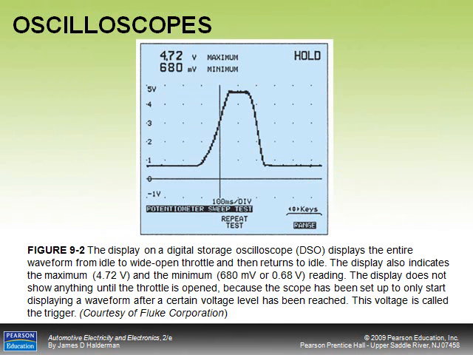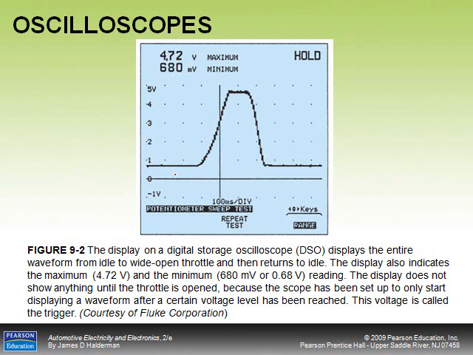A digital scope is going to look a little different. It displays from the time you open the throttle to the time you close the throttle again. It tells you the minimum voltage, 680 millivolts or 0.68 volts. The maximum was 4.72 volts, and you see that graphically represented.